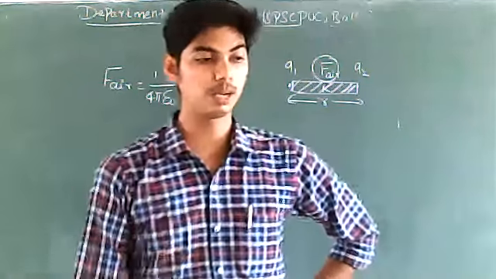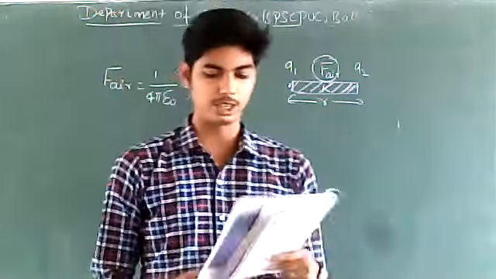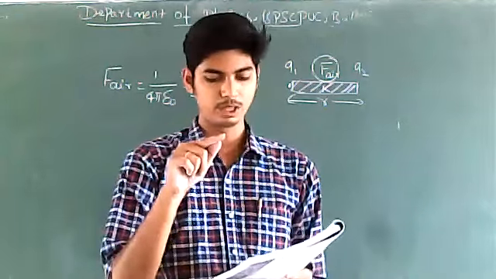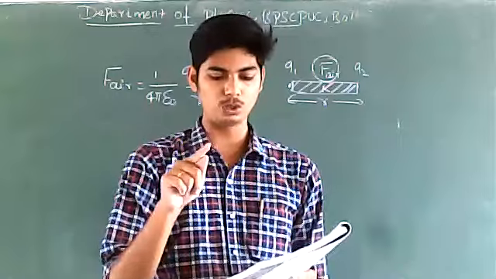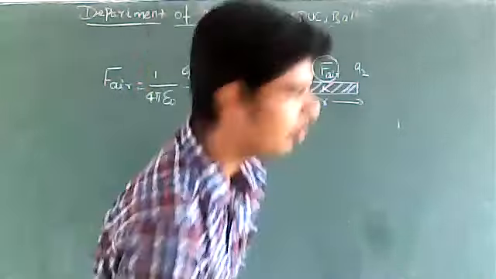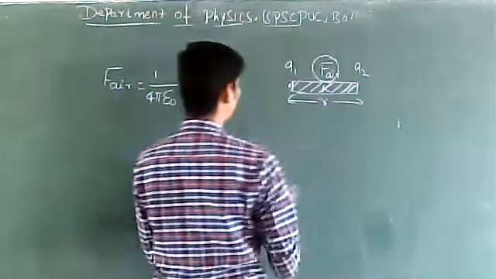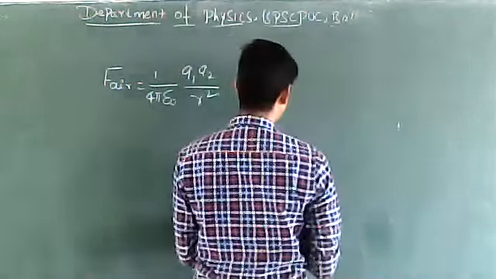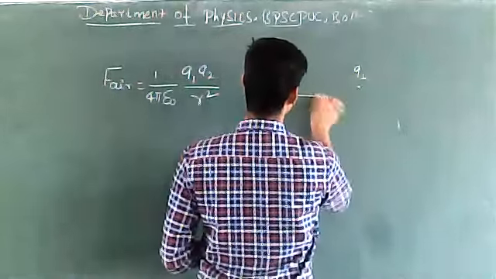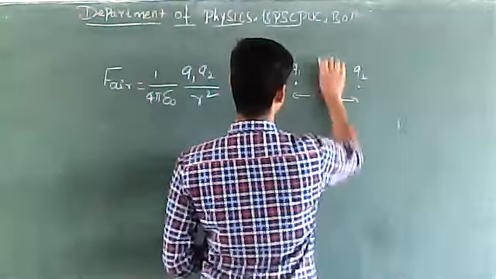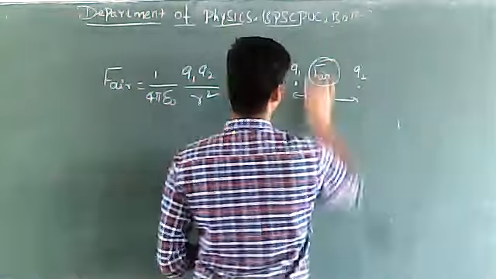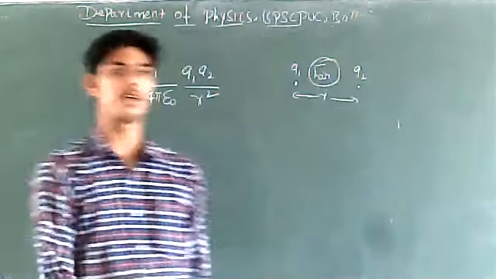But our condition is the distance at which they will experience the same force in a medium with dielectric constant K. So suppose the two charges Q1 and Q2, when separated by distance r in air, experience a certain force, F air.